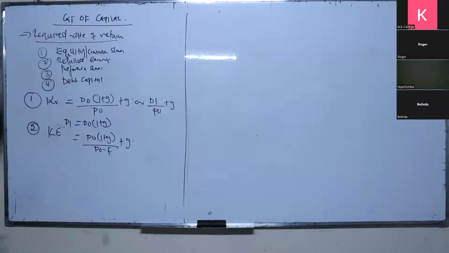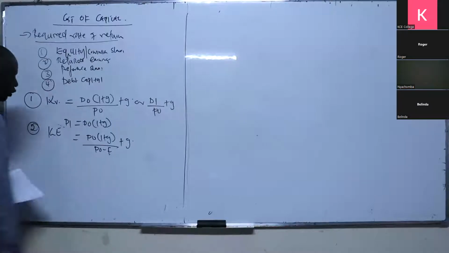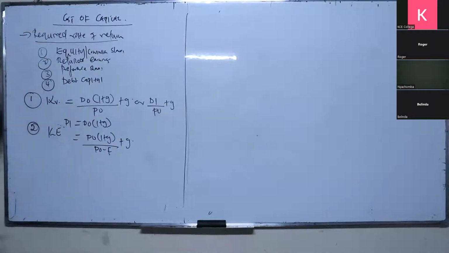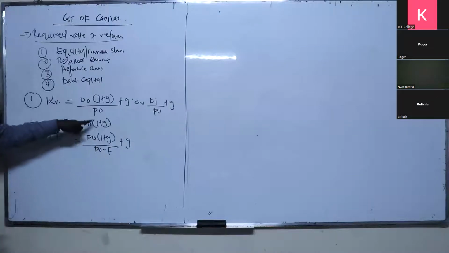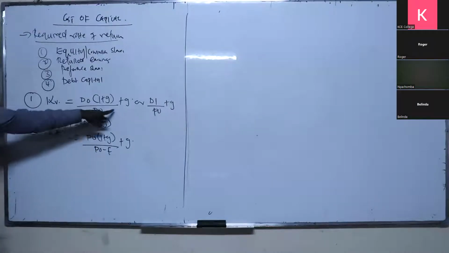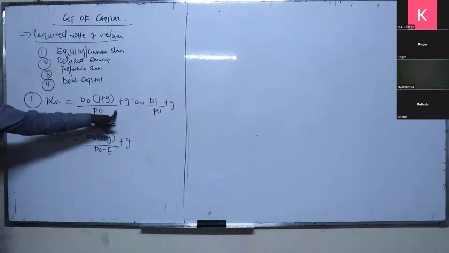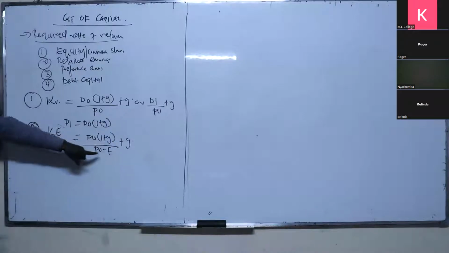And on issuing shares, sometimes you get what we call the flotation cost. Flotation costs are the costs of issuing shares in the market. The retained earnings do not have F because these are already funds available, isn't it? And this one sometimes has F. So this is the cost of equity.